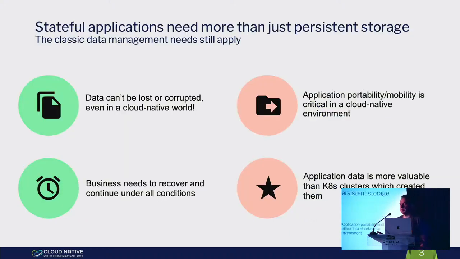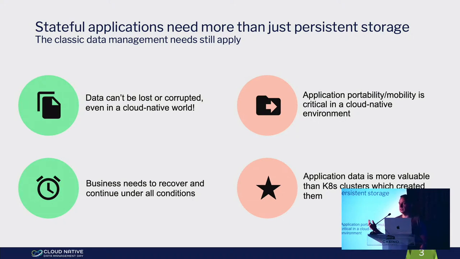But what happens if the data inside these persistent volumes is lost, is corrupted, or somebody accidentally deletes it? These kinds of things could happen and you need to solve them, because sometimes the data used by the applications is much more important than the Kubernetes cluster.